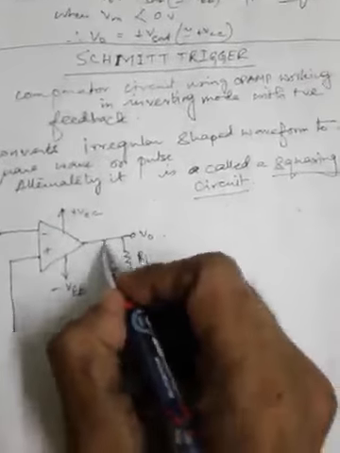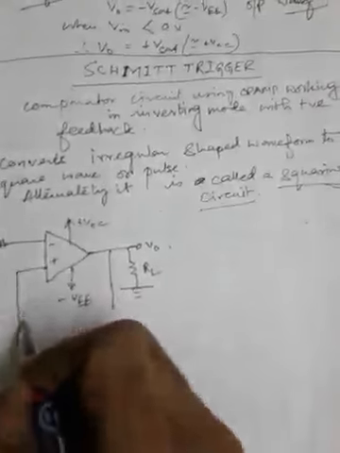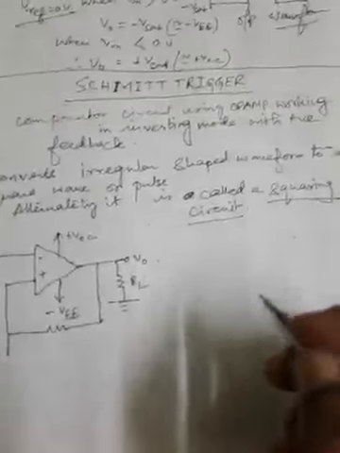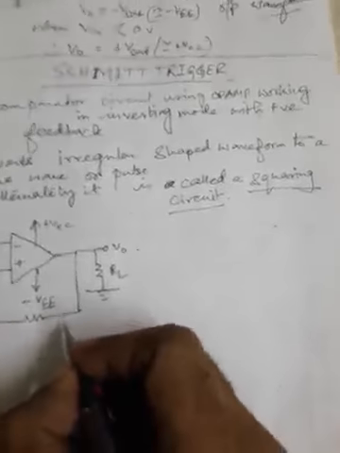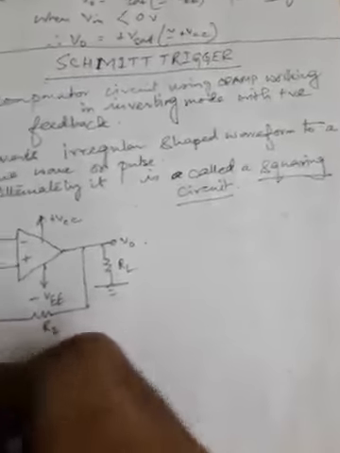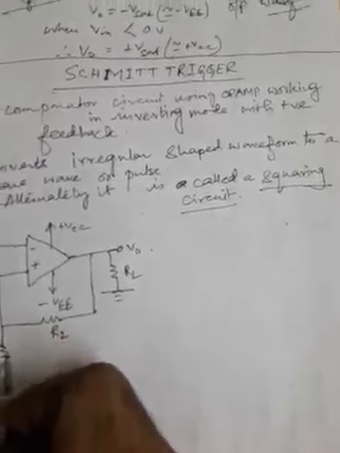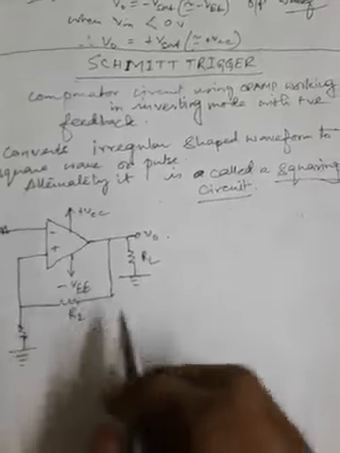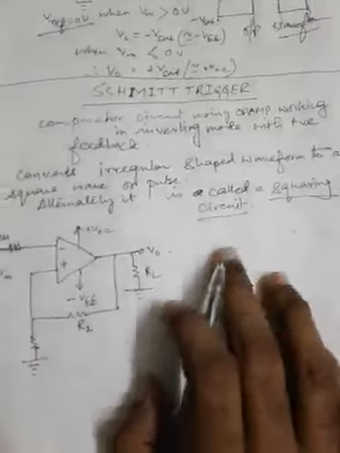And also the non-inverting terminal is connected with the output via a feedback resistor R2, and another biasing resistor R1 is connected also in this fashion into the non-inverting terminal.